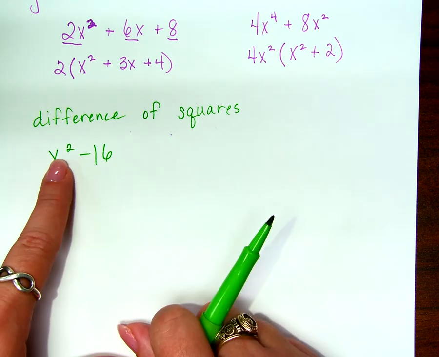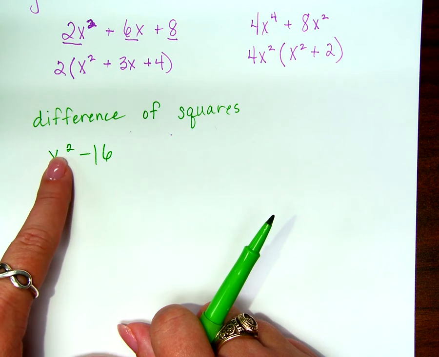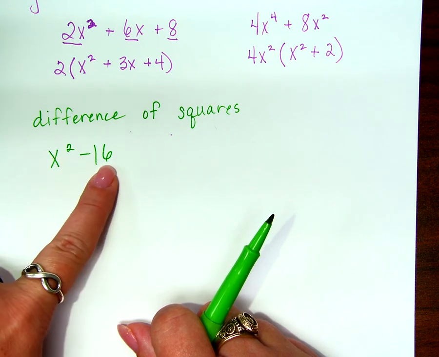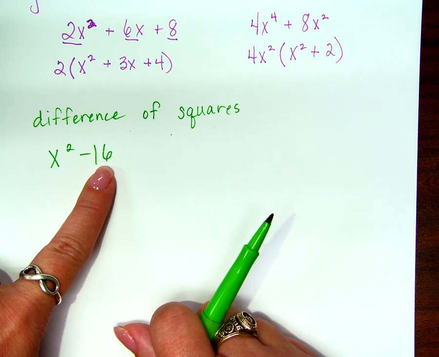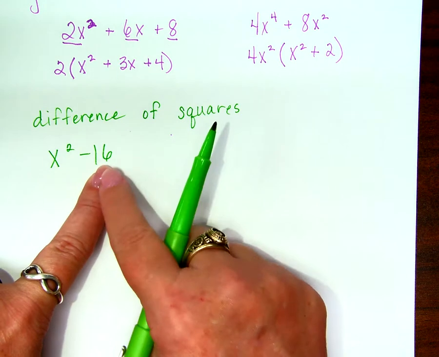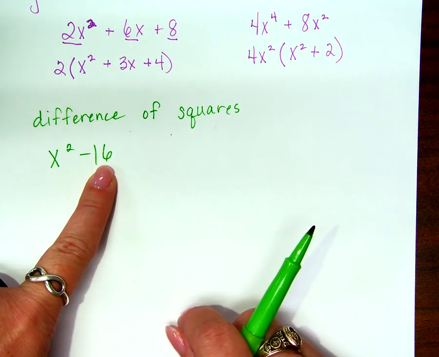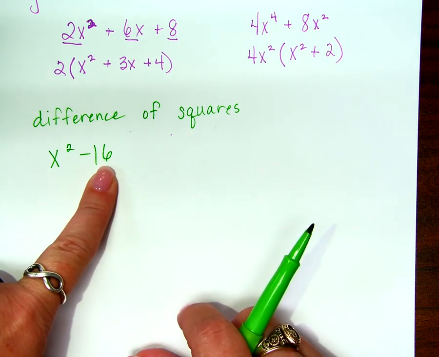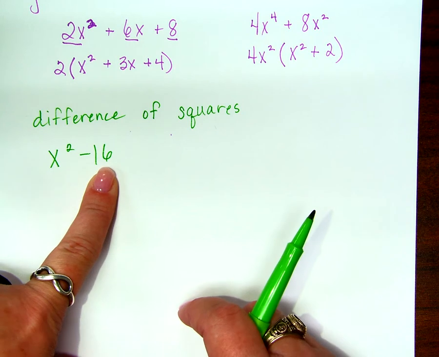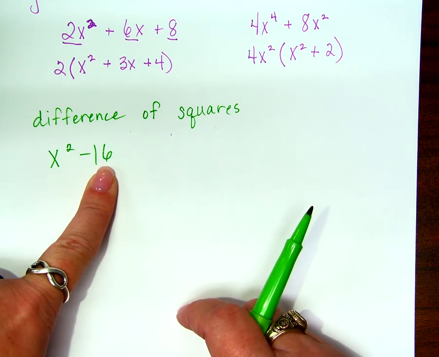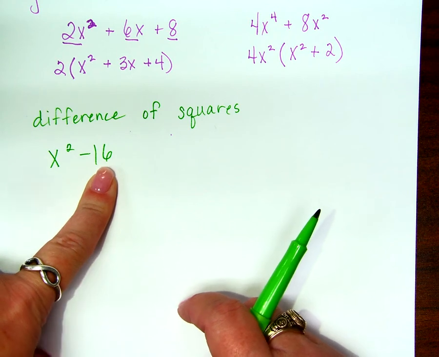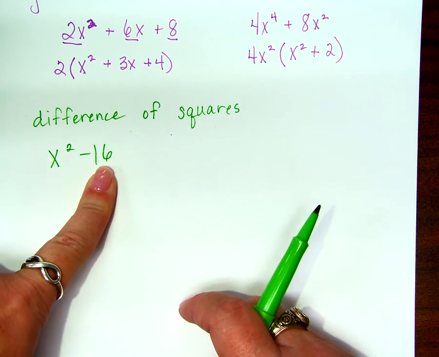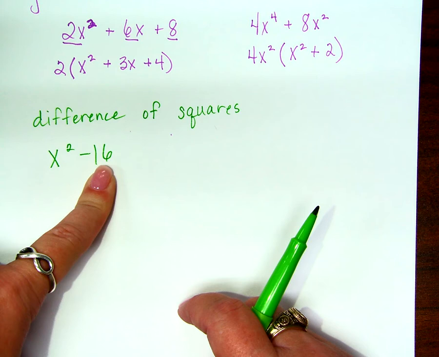Okay, so the first term, it's pretty obvious that it's a square because there's a 2. But there's not a 2 in this number, but it's still a square. So 49 would be okay to be here. 25 would be okay to be here. 100 would be okay to be here. 64, 81.